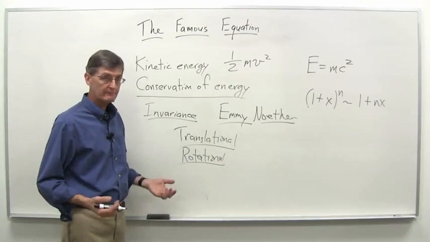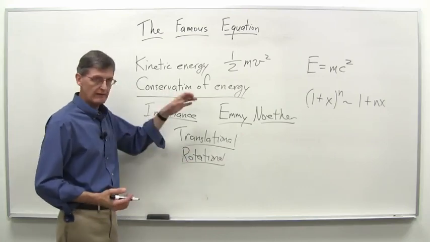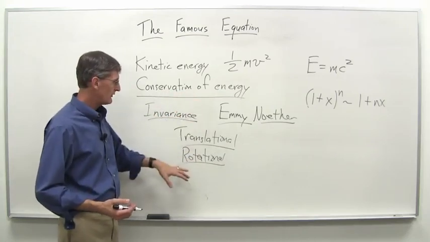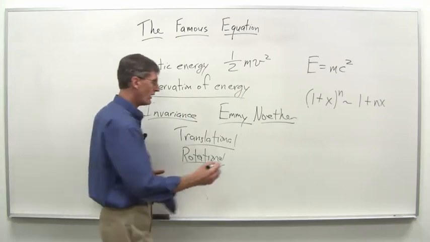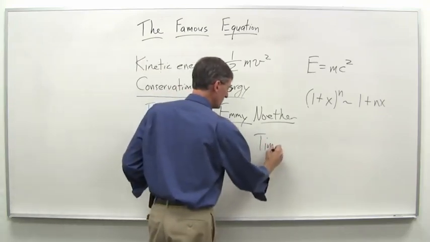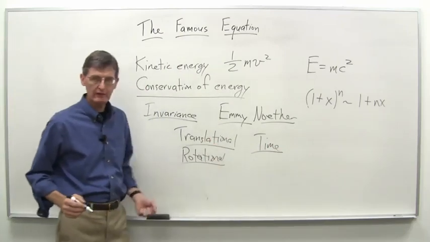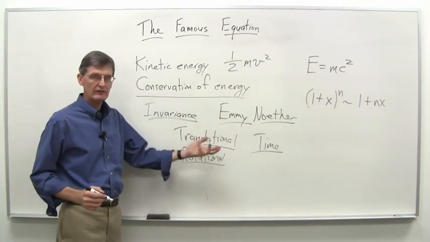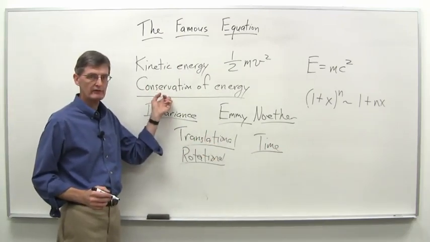And then finally, related back to conservation of energy, she showed if you have invariance through time, so time-like invariance in a sense, that connects directly with the idea of conservation of energy.